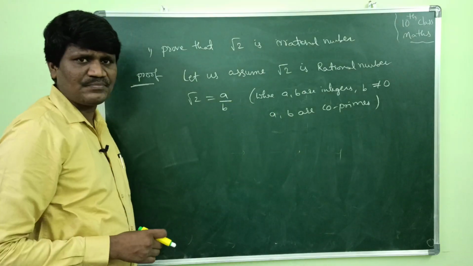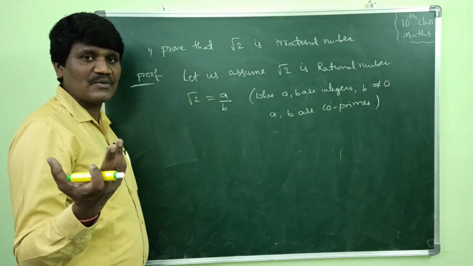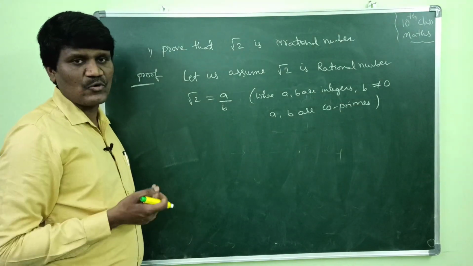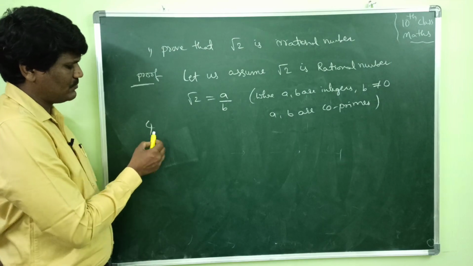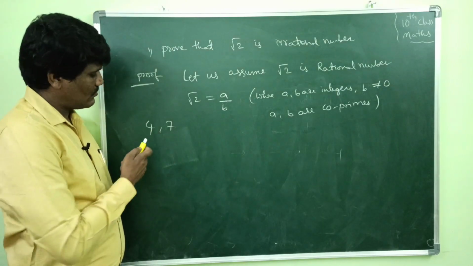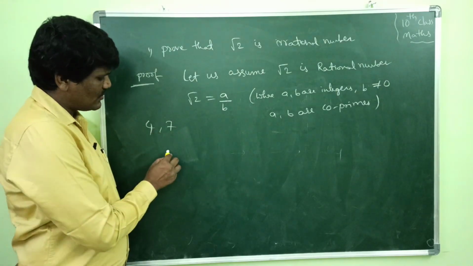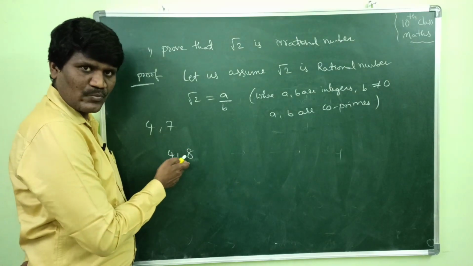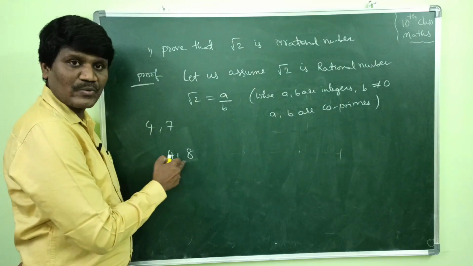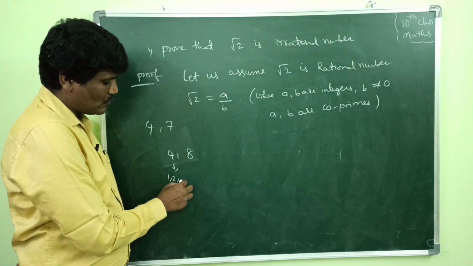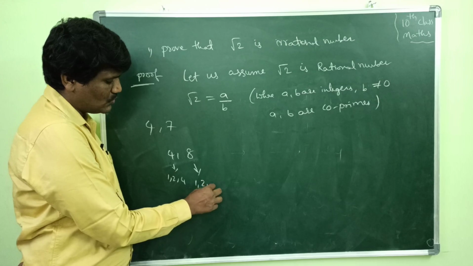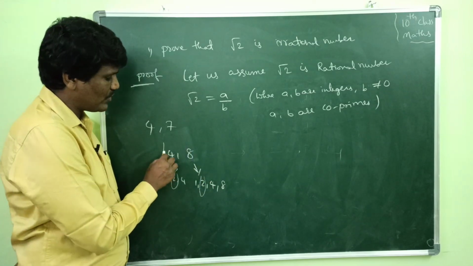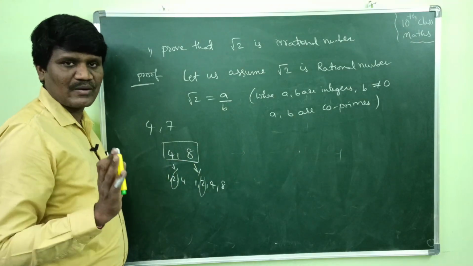Co-primes are nothing but numbers with no common factor, right? Already we discussed, suppose 4 and 7, there is no common factor. Suppose I take 4 and 8, are these two co-primes? No, these two are not co-primes. The factors are 1, 2, 4 and 1, 2, 4, 8. 2 is a common factor, so 4 and 8 are not co-primes.